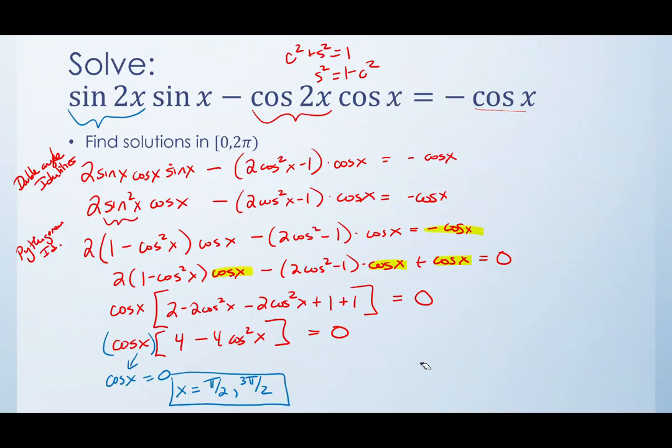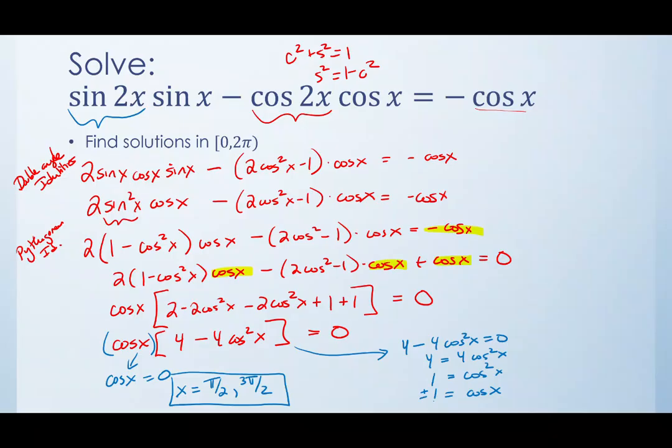Okay, so what do we have for the rest of it? For this one, 4 minus 4 cosine squared equals 0. So 4 equals 4 cosine squared. So dividing by 4, cosine squared x equals 1. So here, remember, we're going to take the square root of both sides, plus or minus, right?